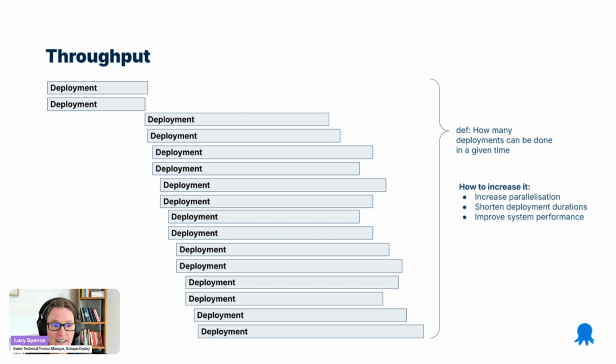I guess when we talk about how to increase throughput, though, other than those large system-wide constraints or environmental constraints you've got, the three things that we want to talk about are increased parallelization, shortening each deployment, and improving system performance. And that's where we're going to spend our time today. The majority of it, we're actually going to spend talking about increasing parallelization, because it's a tricky topic.